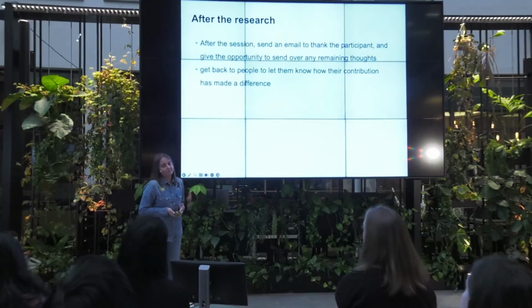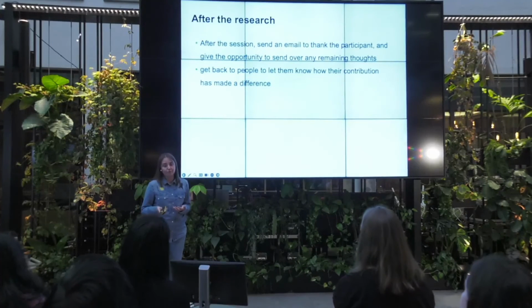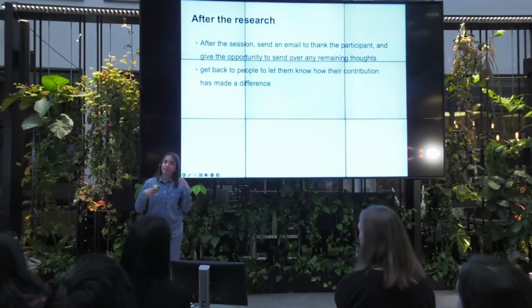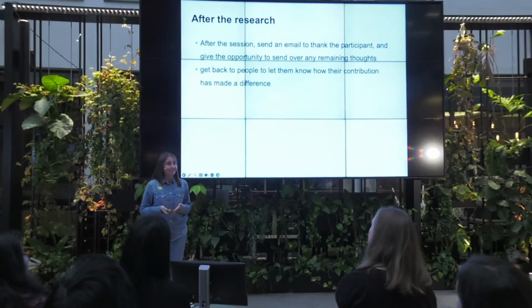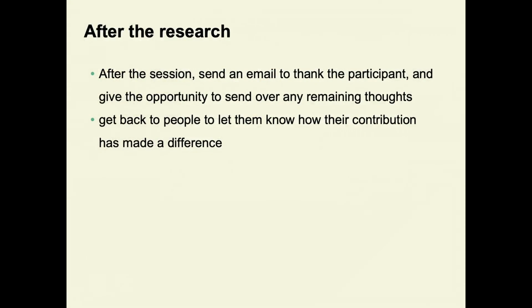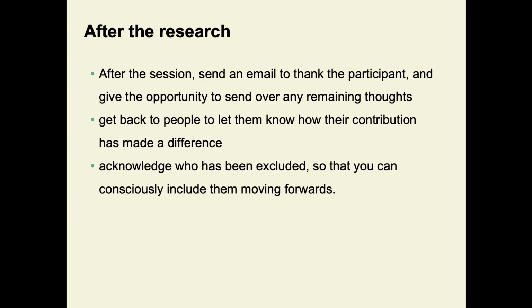Also get back to people to let them know how their contribution has made a difference. Or if it takes too much time, for example in large organizations where things are moving slowly, let them know as well, so that they understand that it's not that you haven't shared your insights, but things might take time. Again, it's this honesty.